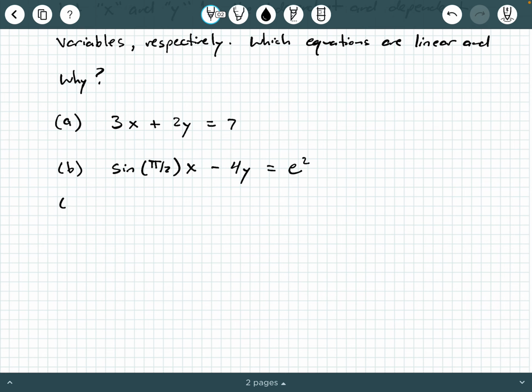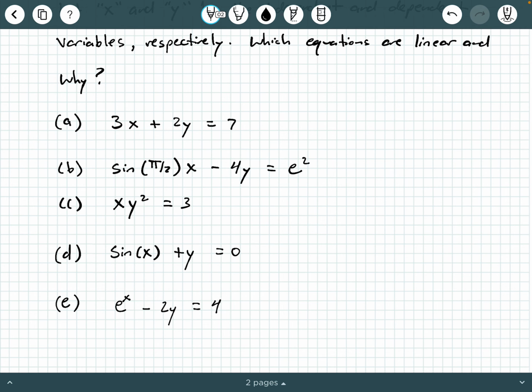And then equation C is going to be x times y squared equals 3. Equation D is sine of x plus y equals 0. And then equation E is e to the x minus 2y equals 4. Okay, so here are our 5 equations.